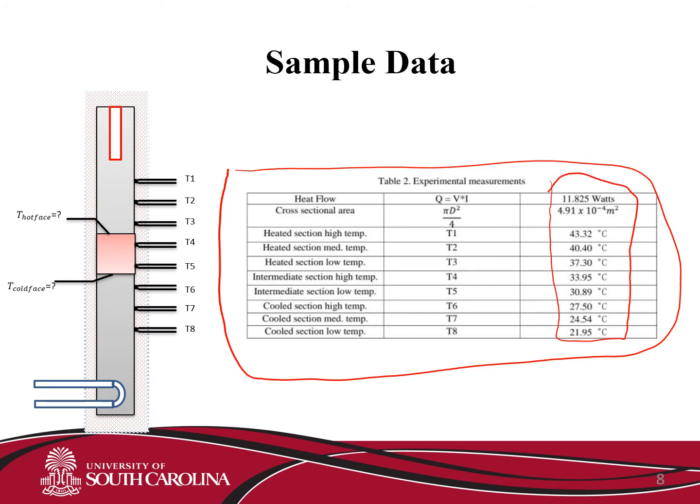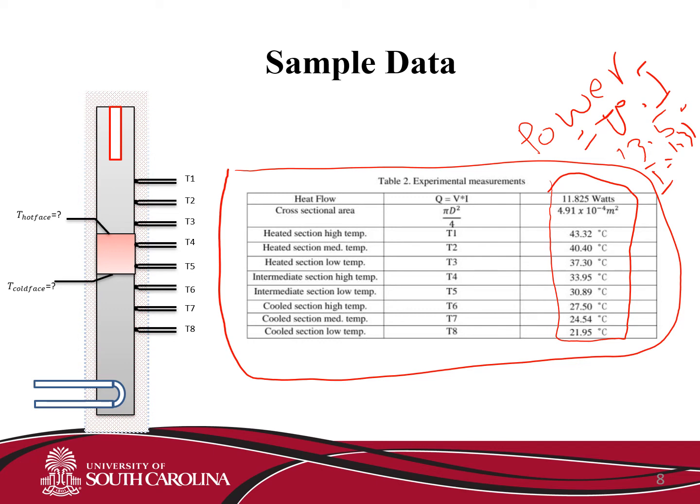So how to find the power? Power equals V times I. You have the voltage 13.5 and the current, which is 1.31 ampere. I will give you this in the Excel file.